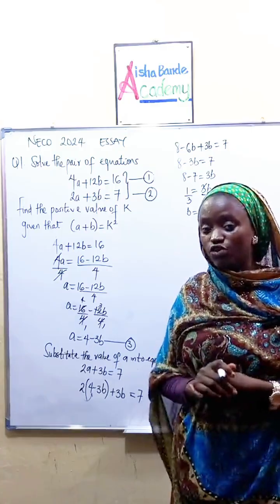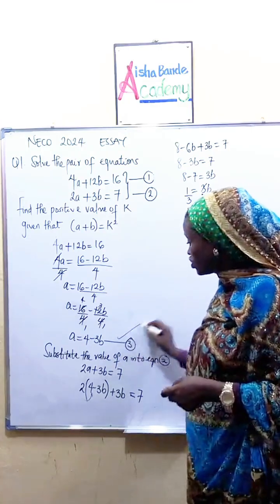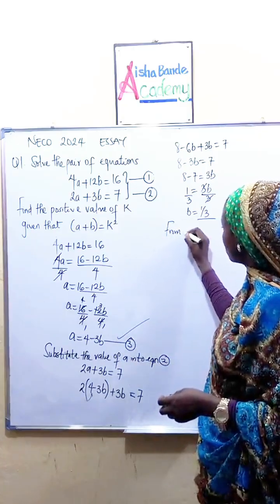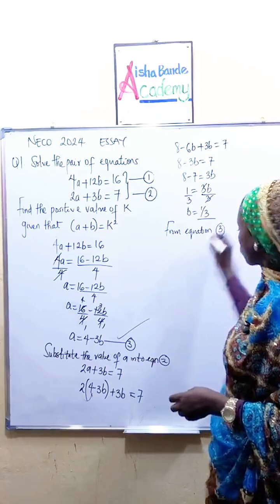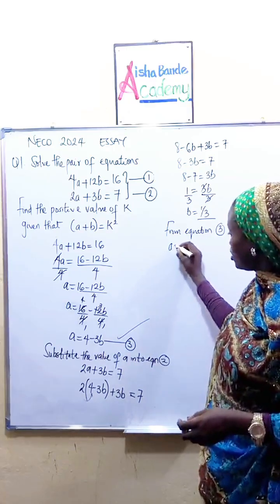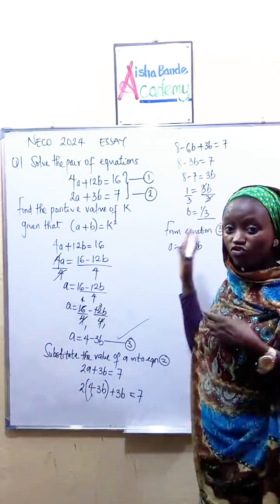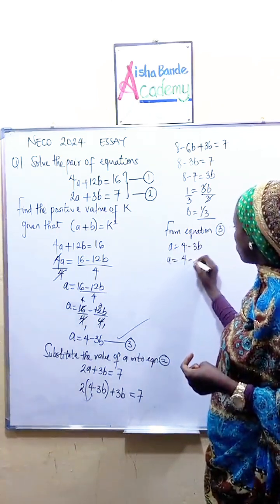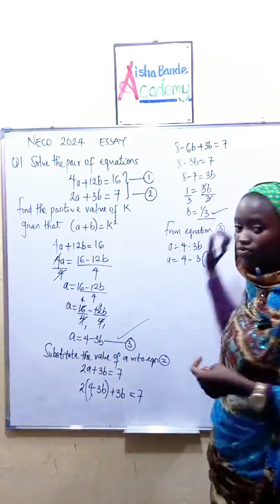Now we get the value for a. For us to get the value for a, we visit equation 3. From equation 3, we have a is equal to 4 minus 3b. We substitute the value of b into equation 3. This becomes a is equal to 4 minus 3 multiplied by 1 over 3, which is the value for b we have gotten.